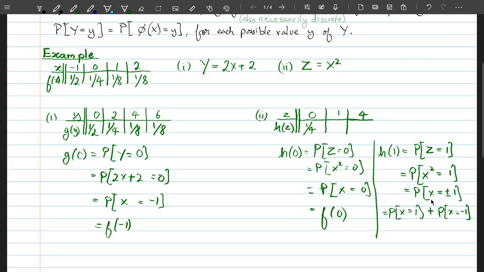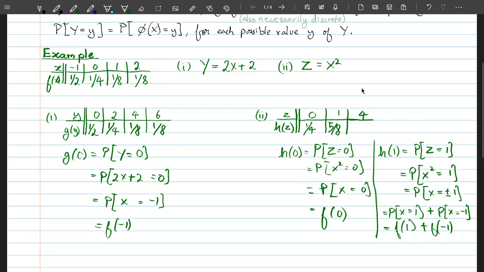So the probability that x is plus or minus 1 is the probability that x equal to 1 plus the probability that x equal to minus 1, which is f of 1 plus f of minus 1, which from here is half plus 1 by 8. So that's 5 by 8.